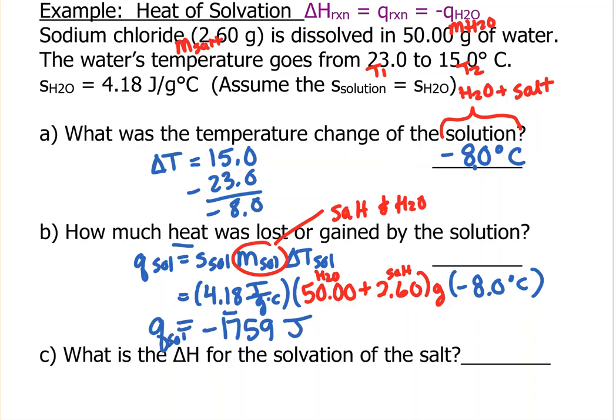Okay, so let's look at this. How much heat was lost or gained? So is this heat lost or gained? Well, it came out negative, so it should mean lost. And then we can rewrite that. When we see the negative, that means lost.